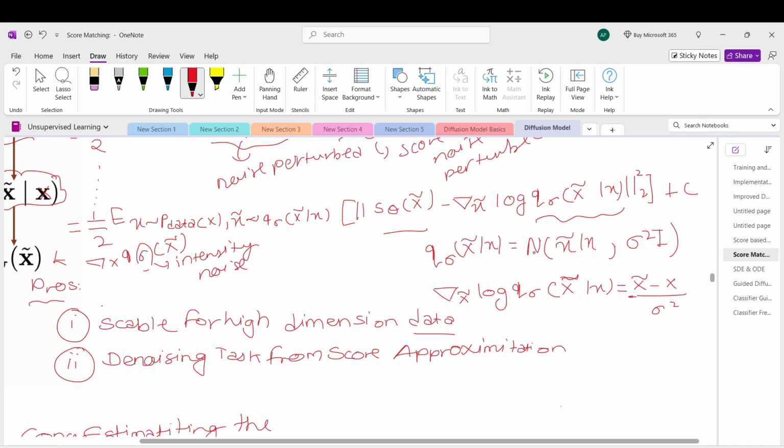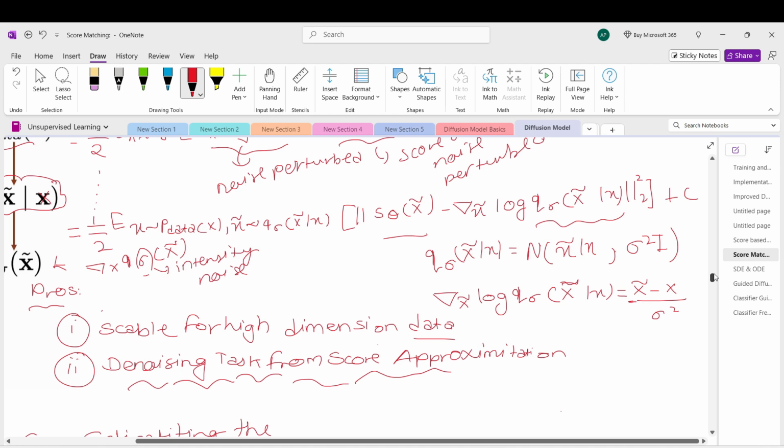It is just a Gaussian with a closed form, so we don't have to deal with the curse of dimensionality. And we reduce the task of score matching to denoising. We will look at how we reduce the task of score approximation to denoising. And we know denoising can be done using neural networks, which are very good at it.